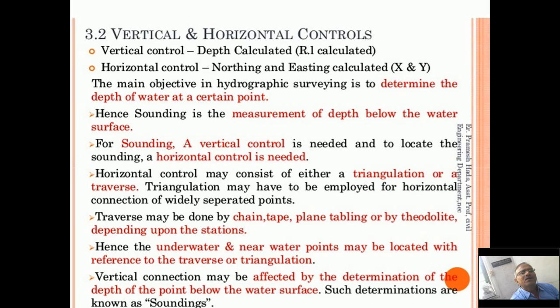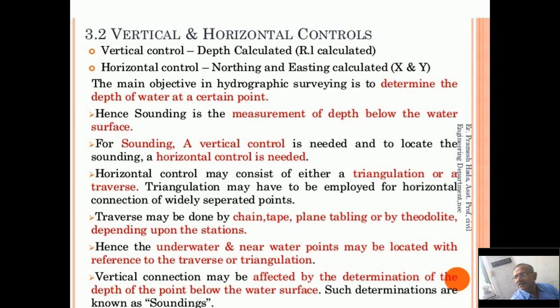The main objective in the hydrographic survey is to determine the depth of water at a certain point. The measurement of depth below the water surface is called sounding. To take the sounding, the vertical control is necessary, and to locate the sounding, that means the point where the depth is measured, a horizontal control is necessary.